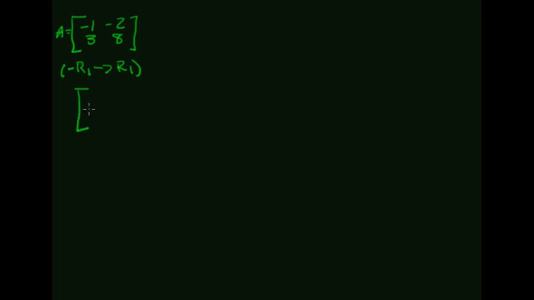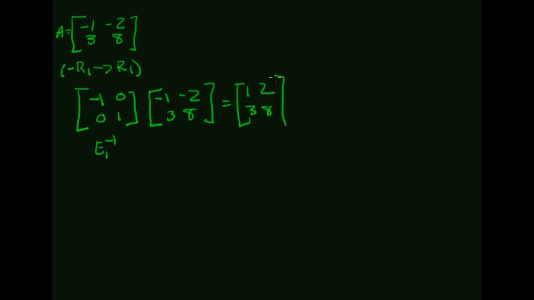The matrix that says to do that would be -1, 0, 0, 1. That's the elementary matrix. I'm going to call this E1 inverse. Now, just bear with me on why that's going to be. So if I multiply E1 inverse by -1, -2, 3, 8, I'm going to get 1, 2, 3, 8.